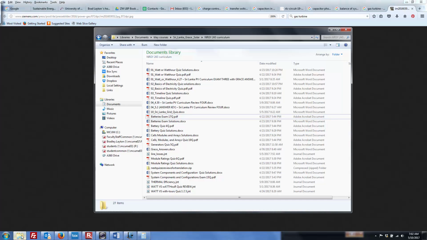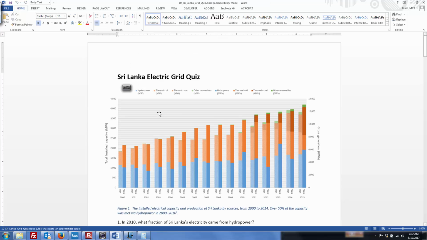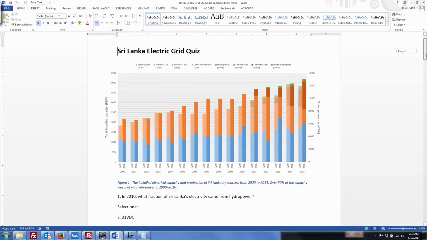And just while I'm thinking about it, let me take you out here really quick. This is a quiz that I'm writing up, and this is the grid profile for energy in Sri Lanka. Let me see if I can make this a little bit bigger.